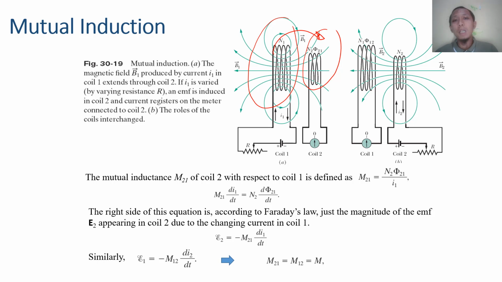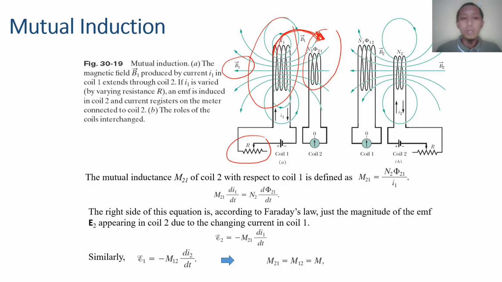So if we change the current I1 here, there is induction. We can produce the magnetic field B1, and because B2 is near B1, the magnetic field of B1 will go to B2. So it means that this is the mutual inductance.